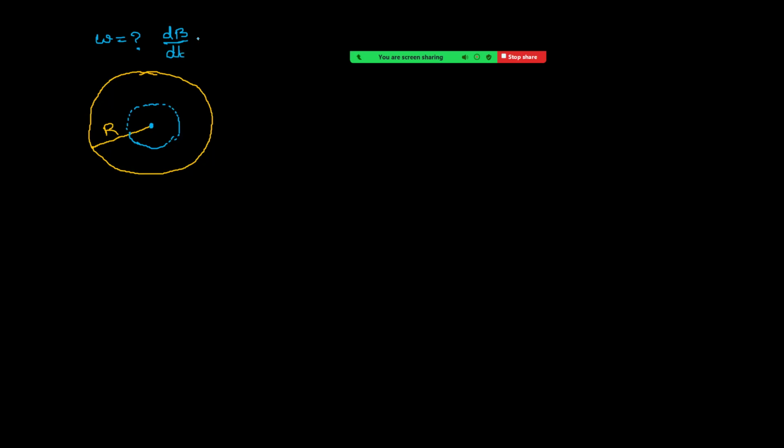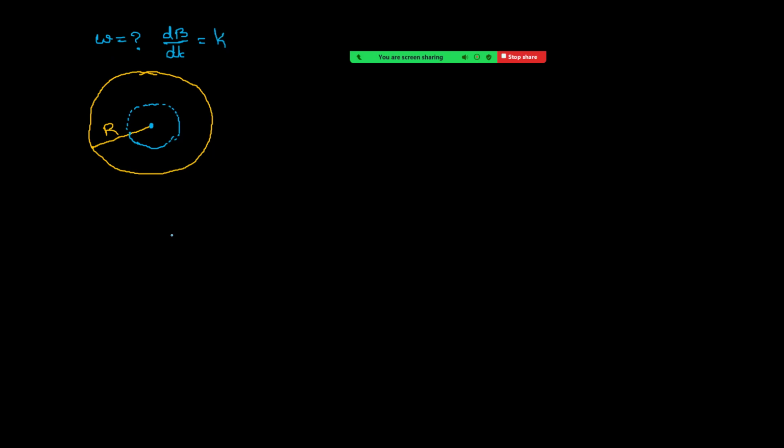So dB by dt is a non-zero value, right? Let us now take this as some constant, constant k. Right. Now see how to start. Since he is asking for the omega value, initially omega is 0. Now we have to find omega. That means there must be a torque acting on the ring because of which it rotates. So first we are focusing on how torque is produced.